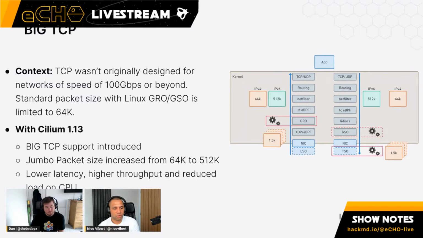It's not within the physical network; it's inside the stack. So it's invisible to your physical network. As traffic enters the stack and goes all the way up for the CPU to handle the packets, it's going to group all these packets into, for example, 512K.